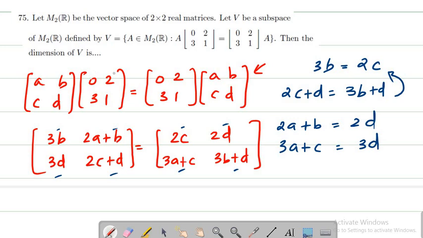So one thing is very clear here: since 3b is 2c, you can write b to be 2c by 3. Or the reverse way, anything you can do. So you just need to know c to predict what b is, or you just need to know b to predict what c is. And now we are just left with these two equations.